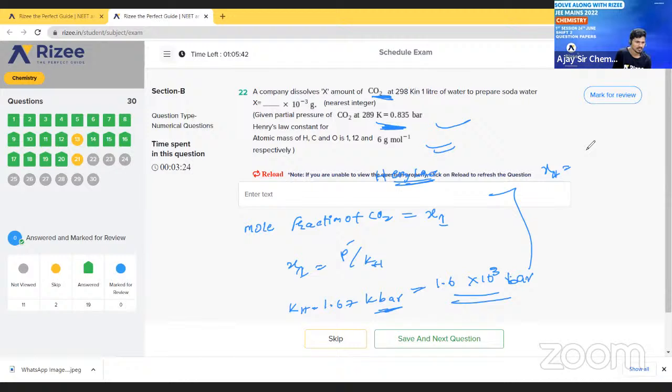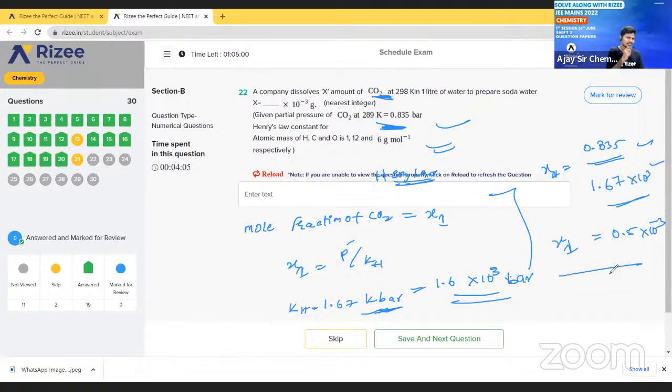The pressure given here is 0.835, divided by 1.67 into 10 to the power of 3, which is the kh value. So what do we get ultimately for chi1? 0.835 divided by 1.67 into 10 to the power of 3 gives 0.5 into 10 to the power of minus 3.